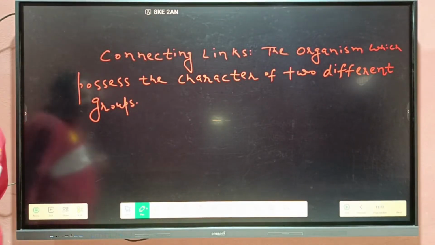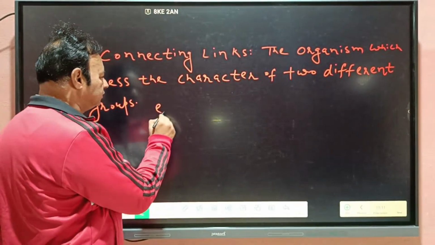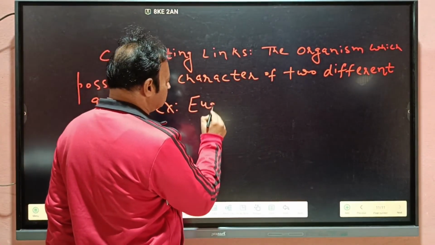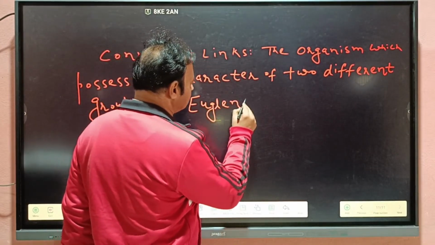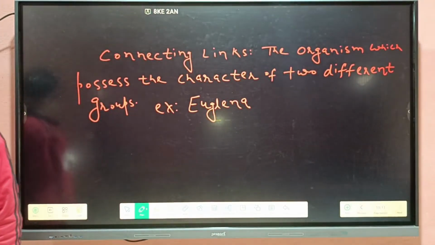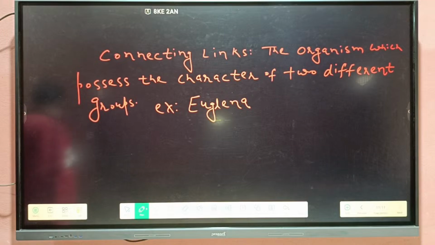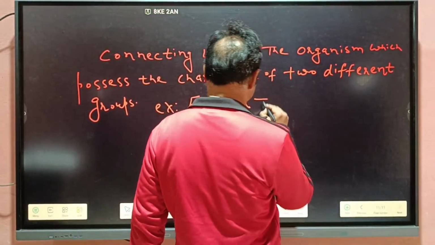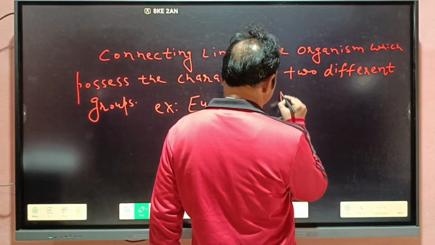Examples: Euglena. The first and best example is Euglena. Euglena is a connecting link. It is a chlorophyll-containing green protozoa. It comes under the protozoa group.